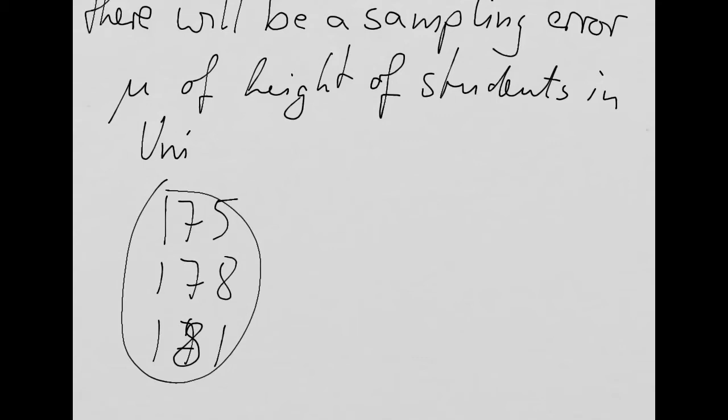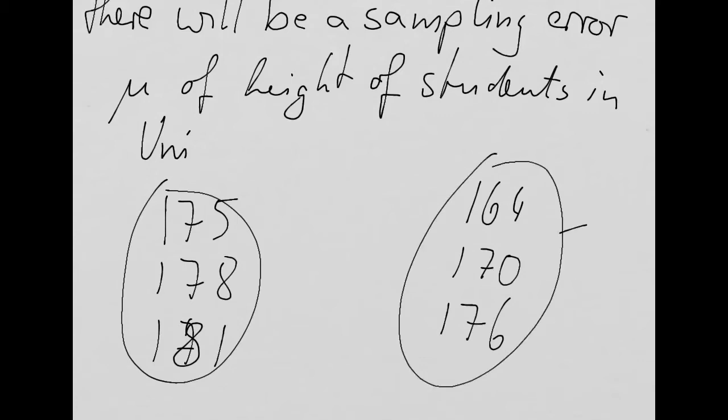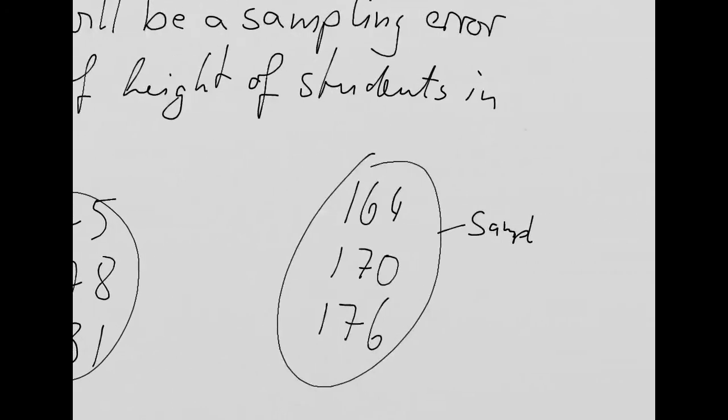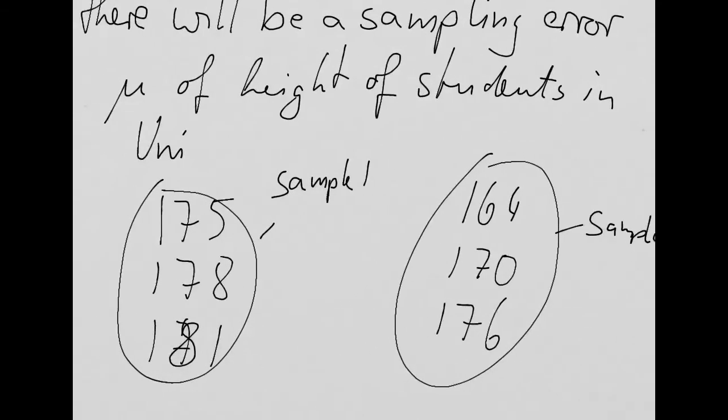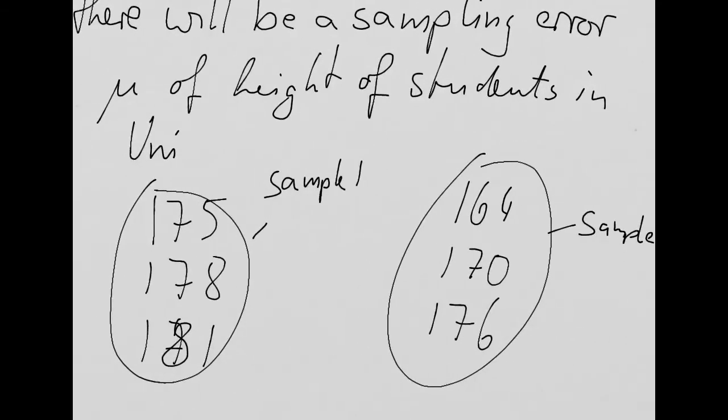I want to take another sample, let's say 164, 170, and 176 centimeters. That's my second sample, sample 2. And that was sample 1. And these are obviously students from this university.